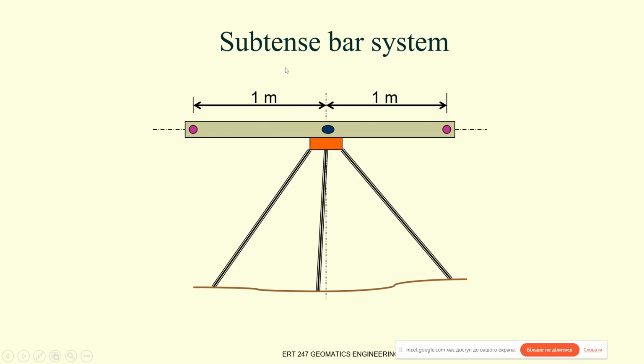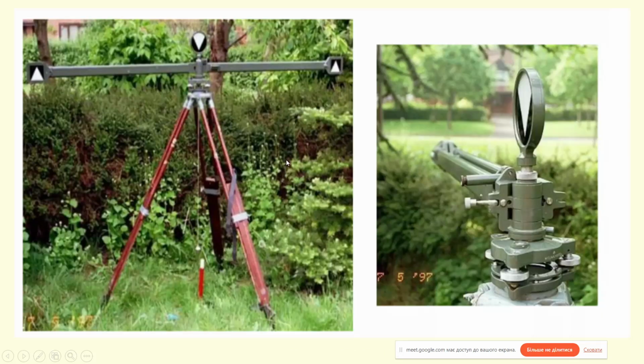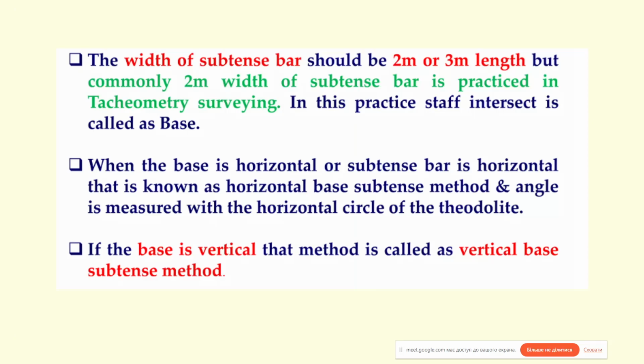The size of the subtense bar system is 2 or 3 meters. Here you can see in the pictures what it looks like.